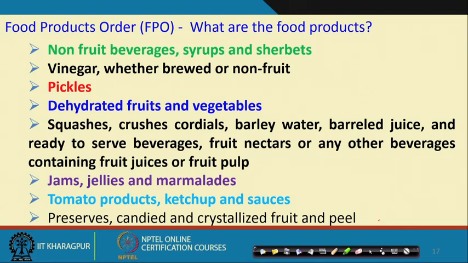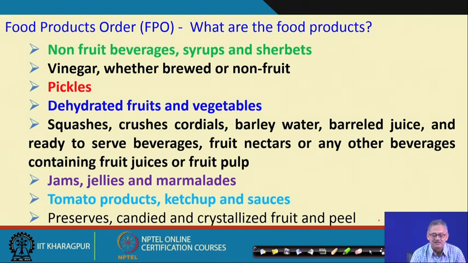Non-fruit beverages, syrups and sherbets, then vinegar, whether brewed or non-fruit, pickles, dehydrated fruits and vegetables, squashes, crushes, cordials, barley water, barrel juice and ready to serve beverages, fruit nectars, or any other beverages containing fruit juices or fruit pulp.